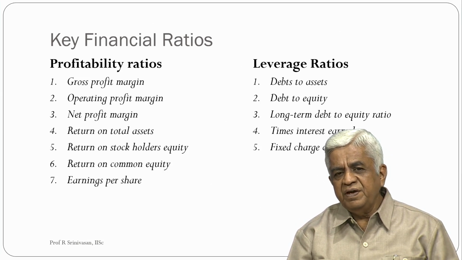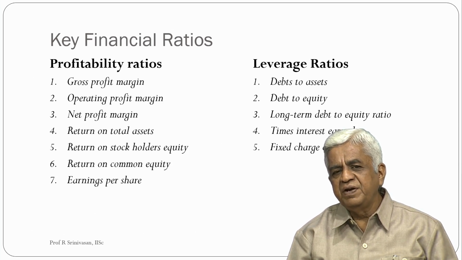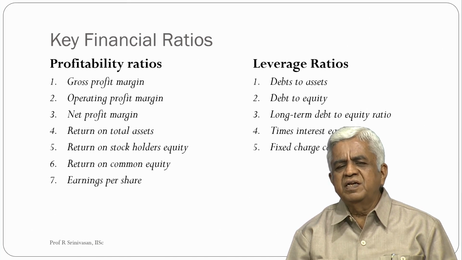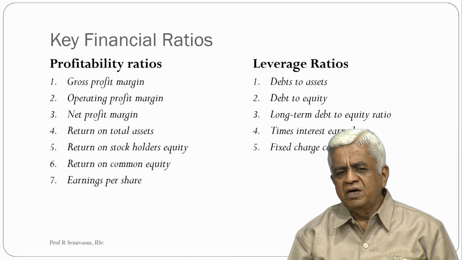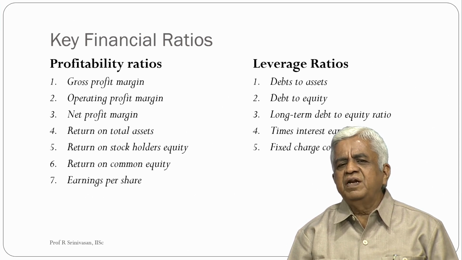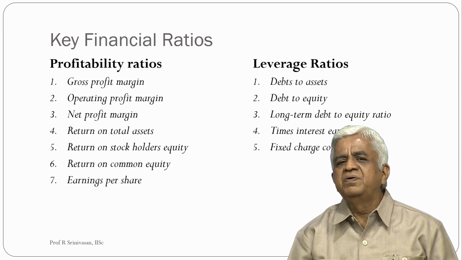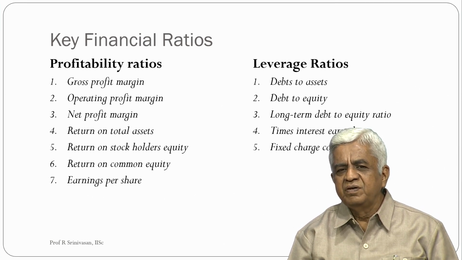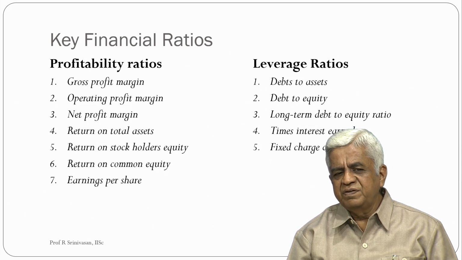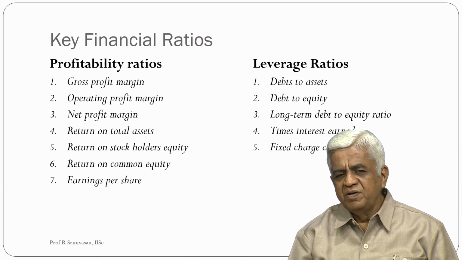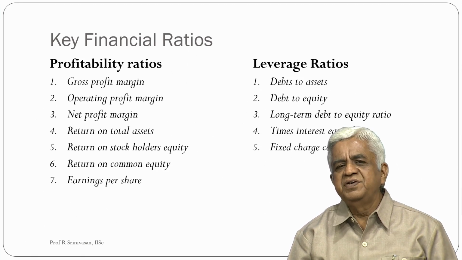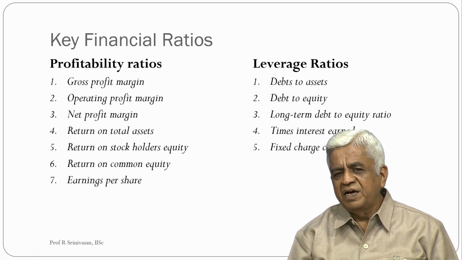Then the second ratio that you are going to look at is debt to equity. Suppose an organization operates only on debt, it is very difficult to provide return to the equity holders. So, in other words, the equity holders most of the times in a debt ridden organization will be left high and dry.